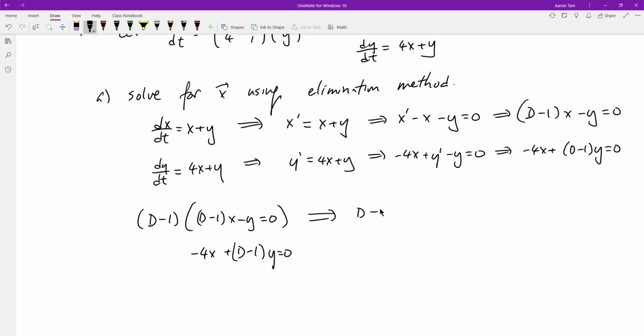So the first one becomes d minus 1 squared of x minus d minus 1 of y equals 0. The second one stays the same, negative 4x plus d minus 1 of y equals 0.